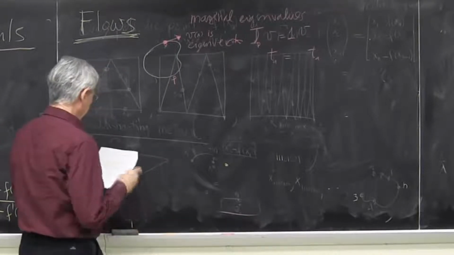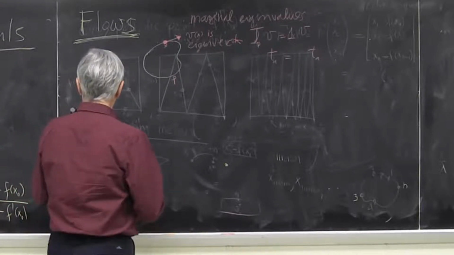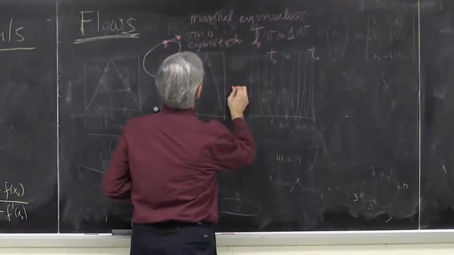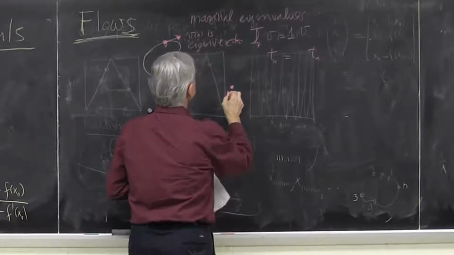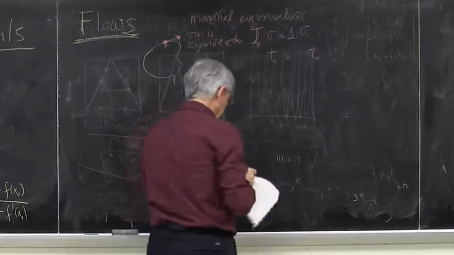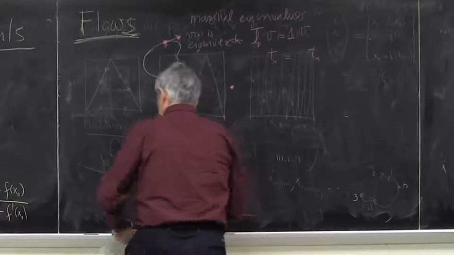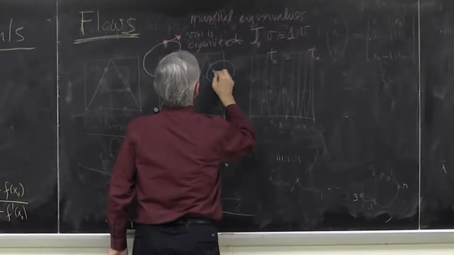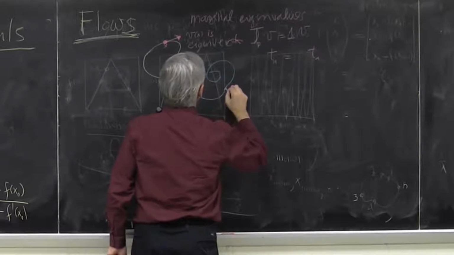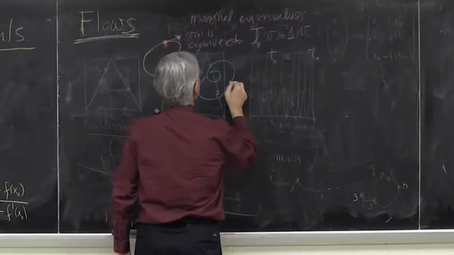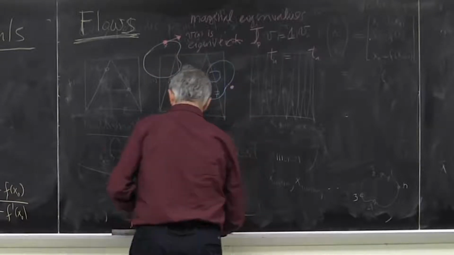So let me first explain the trouble. Now, when I have a flow, and I make a guess for a periodic point. So suppose I have a real thing. There is actually a periodic orbit p that I'm trying to find. And I'm making a guess at some point close to it.